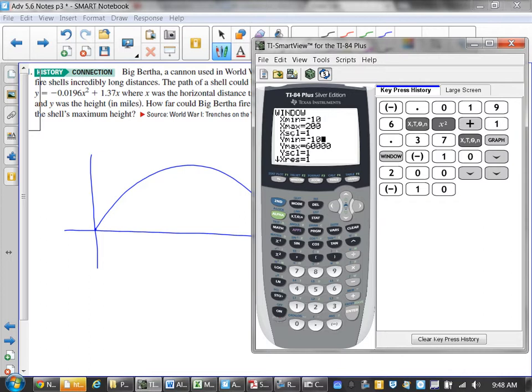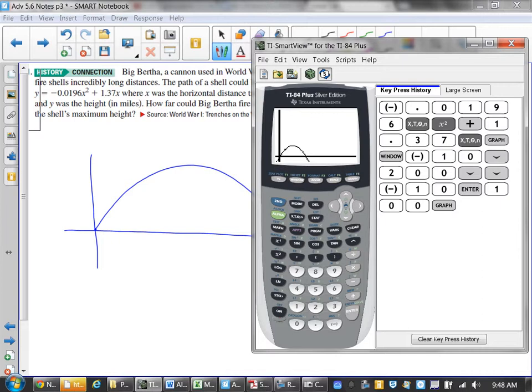Now, do cannons shoot 60,000 miles in the air? I hope not. Might set it up to 100. I don't even think a cannon can shoot 100 miles in the air. Hey, look at that, miles. I'm still way out there, but you guys get the general idea of what it looks like.